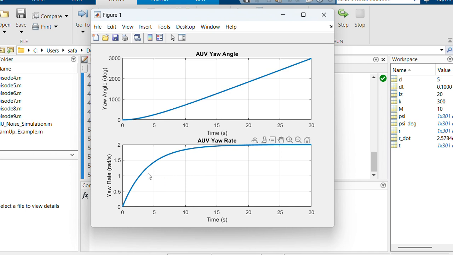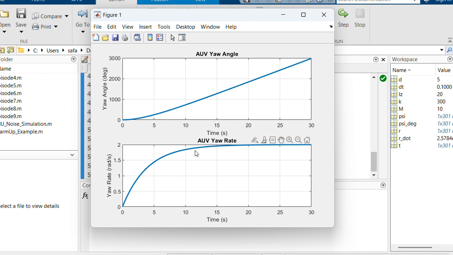As the applied moment accelerates the vehicle, the yaw rate increases. Over time, rotational damping grows and reduces acceleration. Eventually the applied moment and damping balance each other, producing a constant steady state yaw rate.